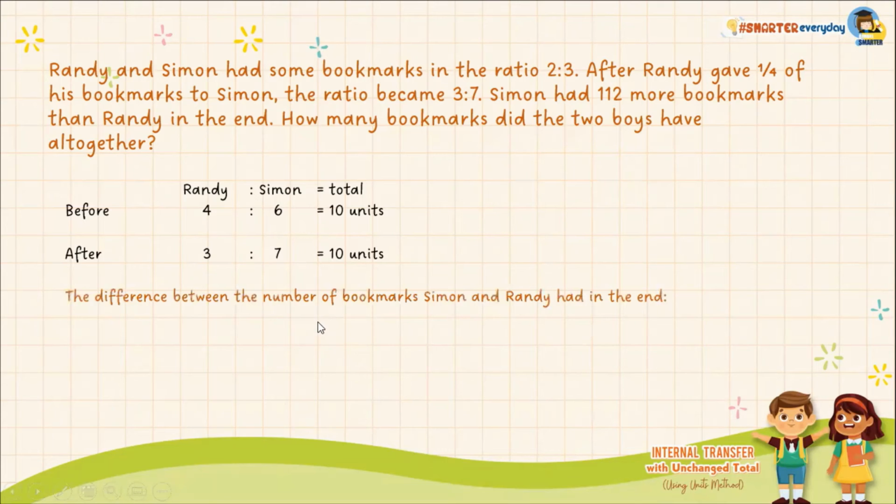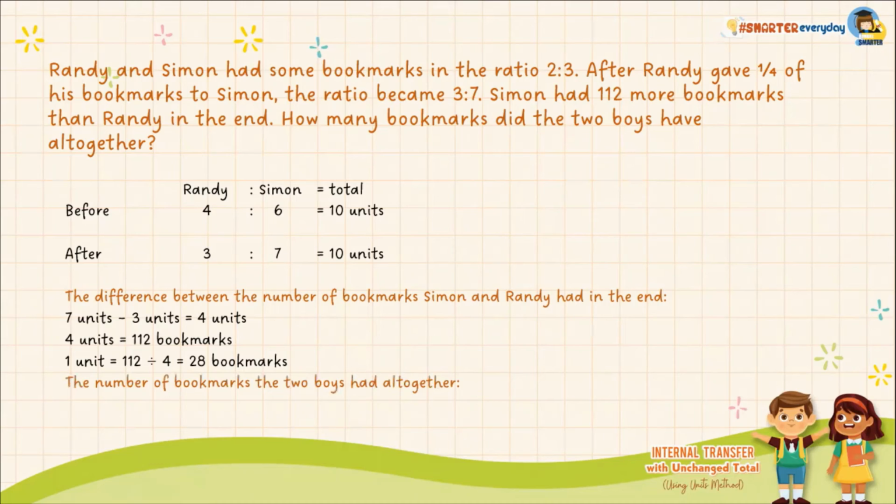The difference between the number of bookmarks Simon and Randy had in the end is 7 units minus 3 units equals 4 units. And then 4 units equals 112 bookmarks. 1 unit equals 112 divided by 4, right? So we got 28 bookmarks.